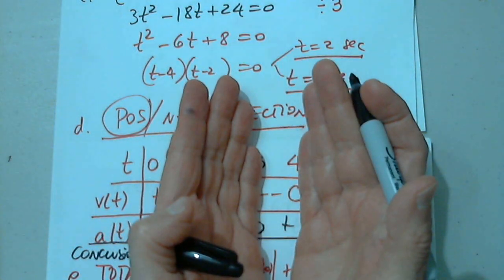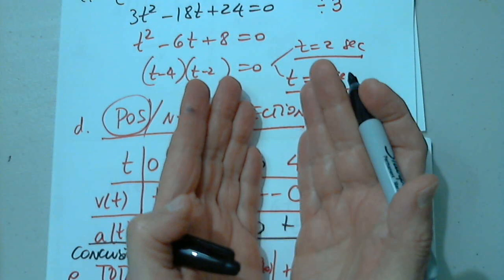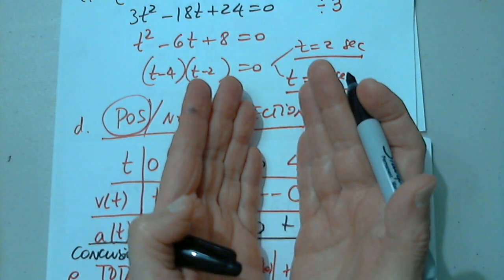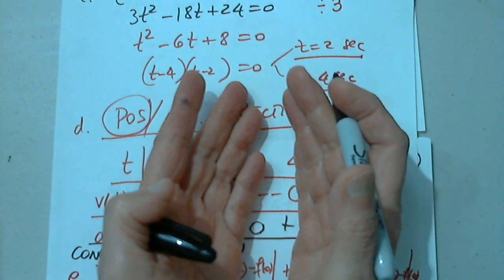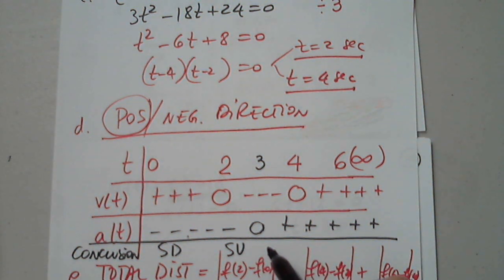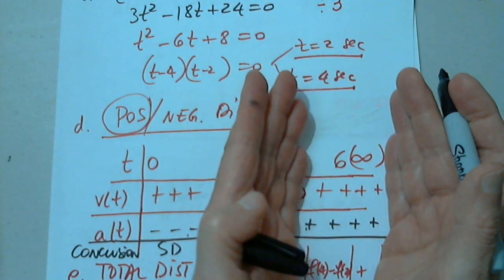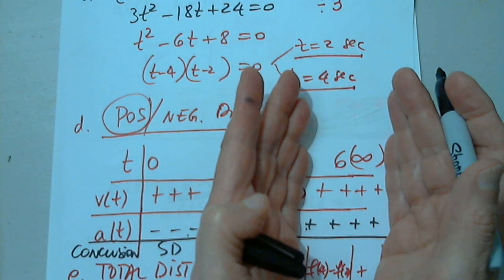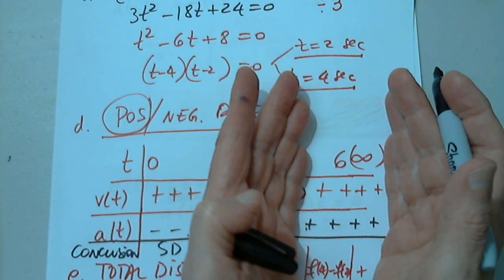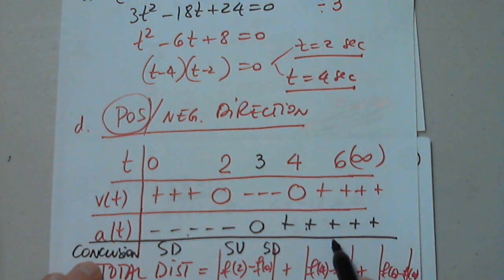The velocity is negative and the acceleration is positive. What does the particle do? Slowing down. Yes. Finally, the velocity and the acceleration are both positive. What does the particle do? Speed up. Yes.